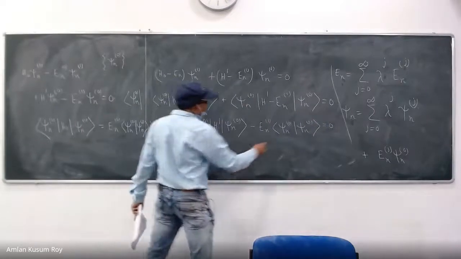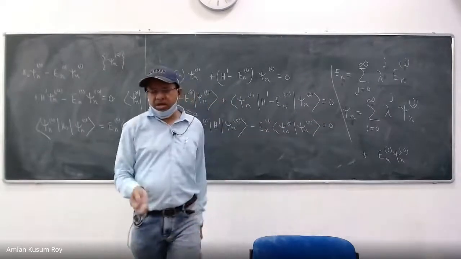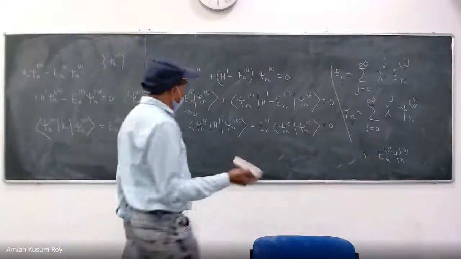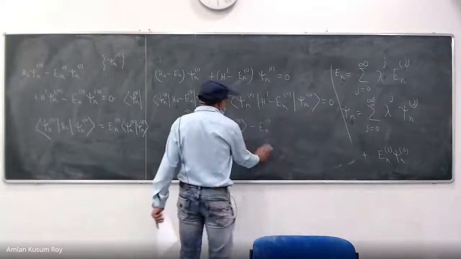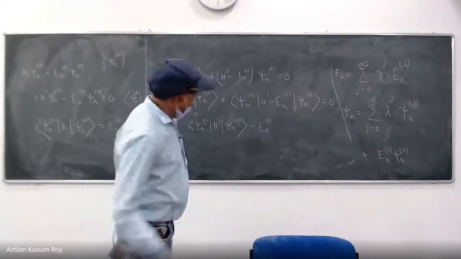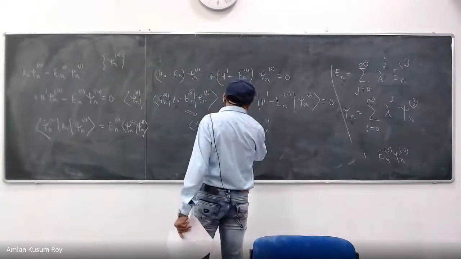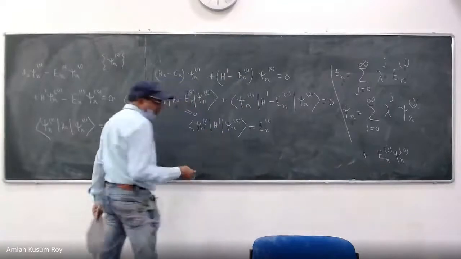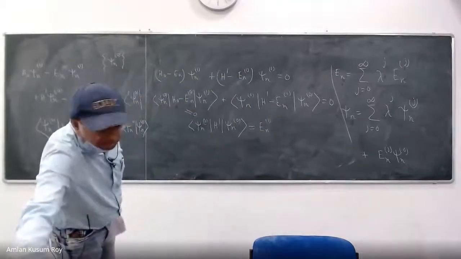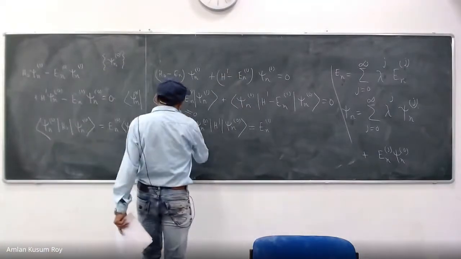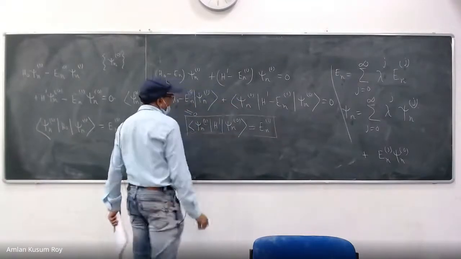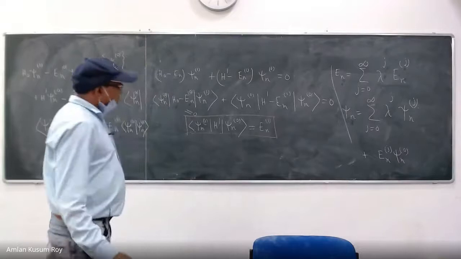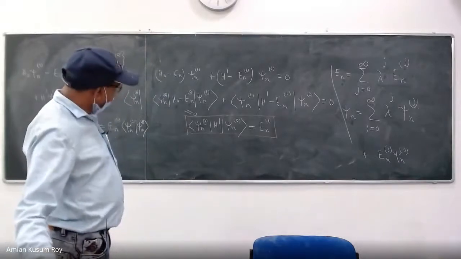You can see that psi n0 psi n0 is actually 1. So I can equate this, and En1, this is finally the expression that we derived in the previous class. En1 is psi n0 H prime psi n0.